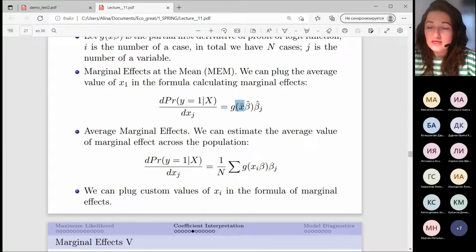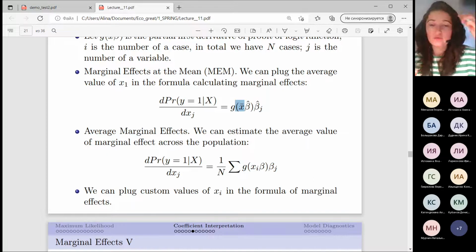For example, let's say that you have a sample with a variable that contains information about the person's years of schooling. Also, you have information about the person's gender, and the person's monthly income. And you need to find the probability, the same example, that the person owns a house.